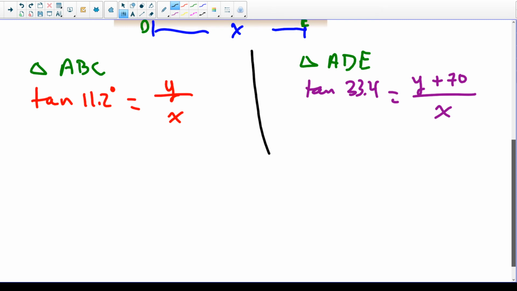Exactly. Somebody in chat just said because there are two variables. As soon as you have two unknowns, you need two equations to be able to solve for those two unknowns, which is very similar to grade 10 solving linear systems of equations again.